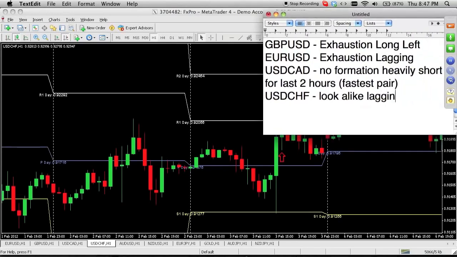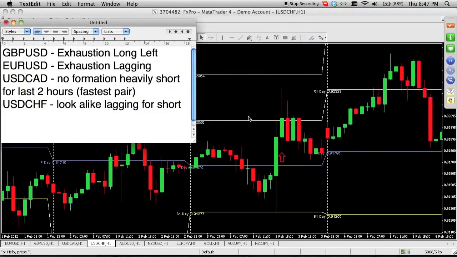Okay, and it's lagging. When I say exhaustion lookalike, it means it has a large tail, but it's not a complete exhaustion. Okay.